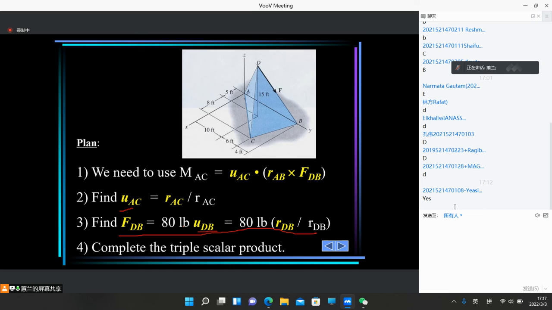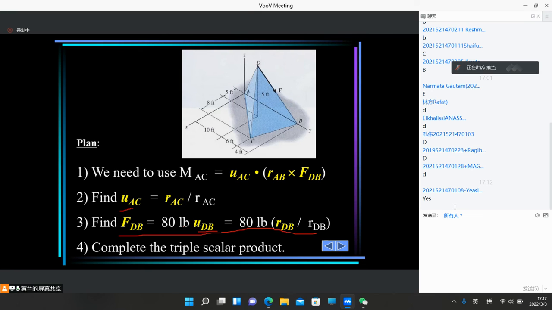After you find RDB, what do we need to do? We need to find the moment of force F about an arbitrary point along AC. Here we can choose A or we can choose C, it's up to you.